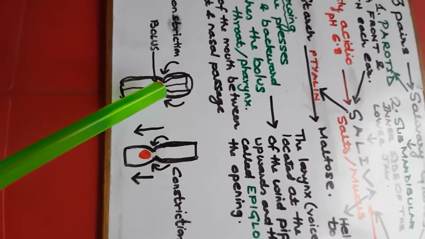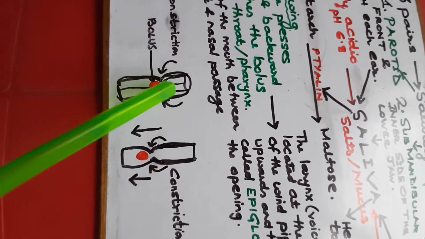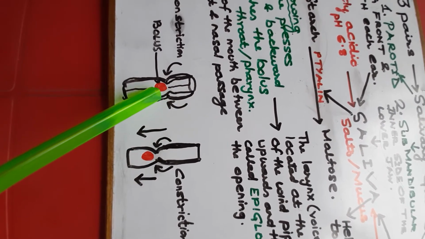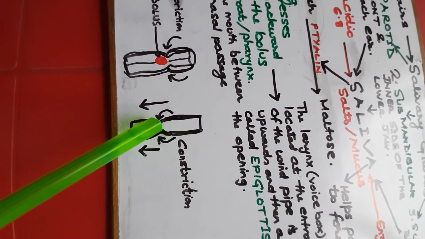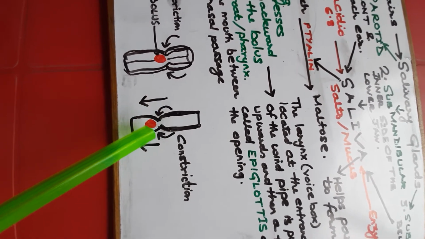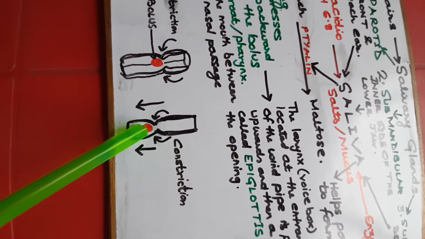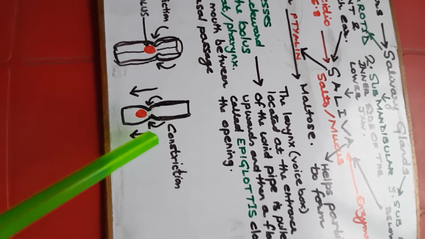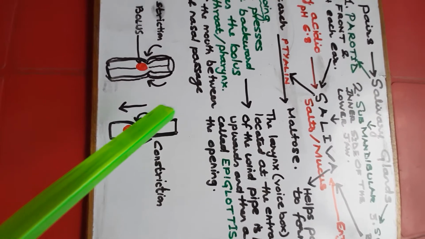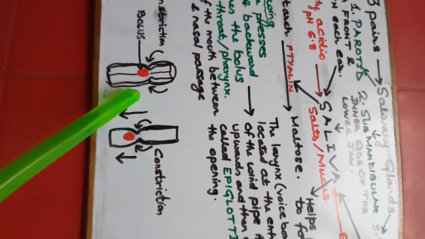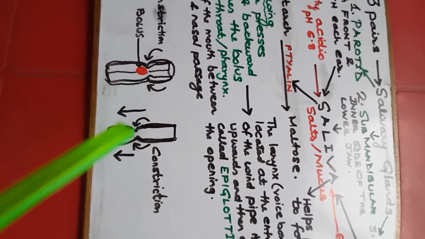If this is the bolus, this part constricts and pushes the bolus down. Then again it relaxes, and when it relaxes, the food goes down. Again it constricts. So constriction and relaxation takes place, and the food gradually gets pushed down.